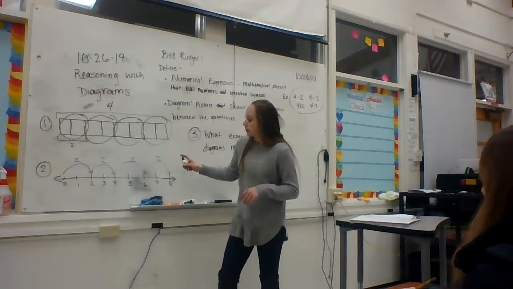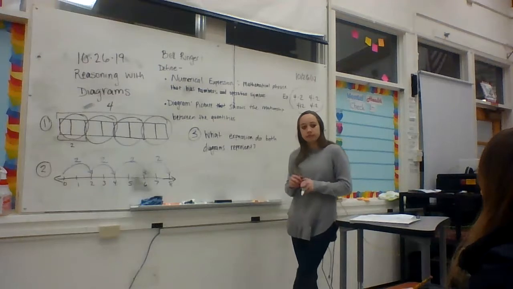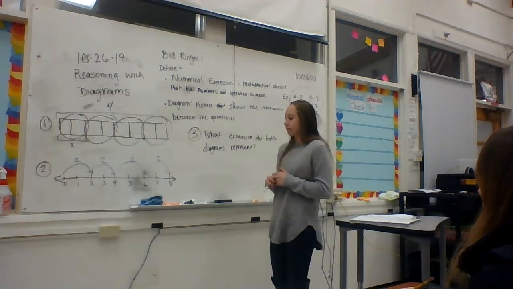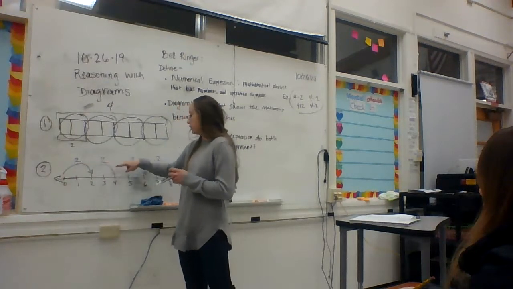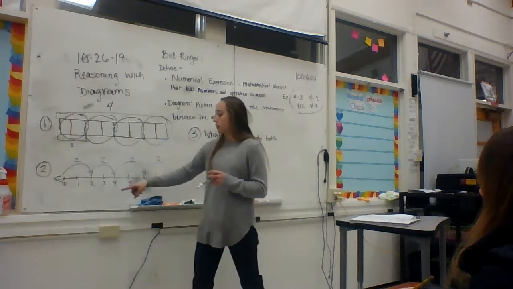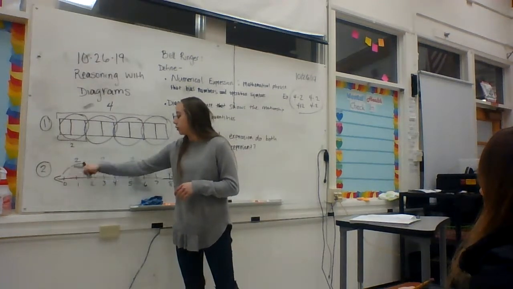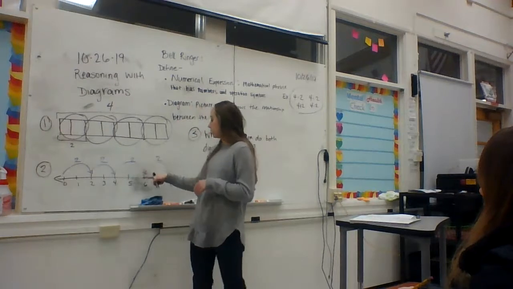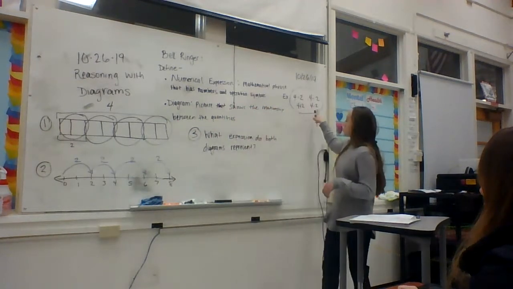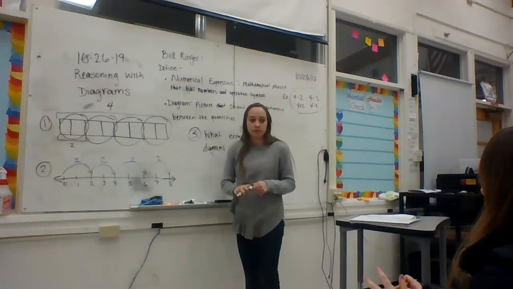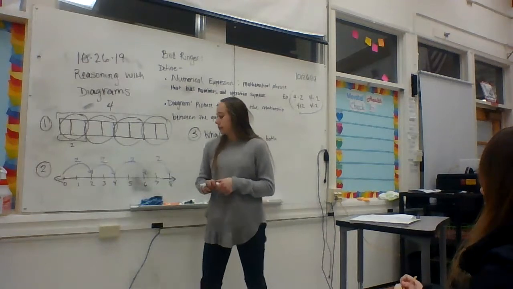Okay? Let's see. What do you think the number line is showing you? 4 groups of 2. Got 4 groups of 2, but what is the number line doing? Jumping. How many is it jumping every time? 2. Yeah. So if we have 2, and another 2, and another 2, and another 2, what operation do you think this is showing? 4 times 2.